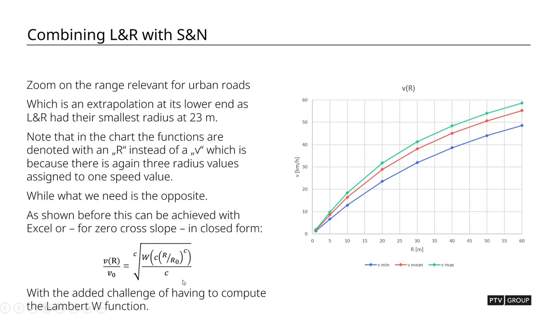As I said, for zero cross slope, in principle, there is an analytical closed-form function, and then you can directly calculate that. But as soon as there is a cross slope, that's not possible, and we need to numerically invert these functions. Inverting a function numerically, you can do in many different ways. You can write a script which does it.